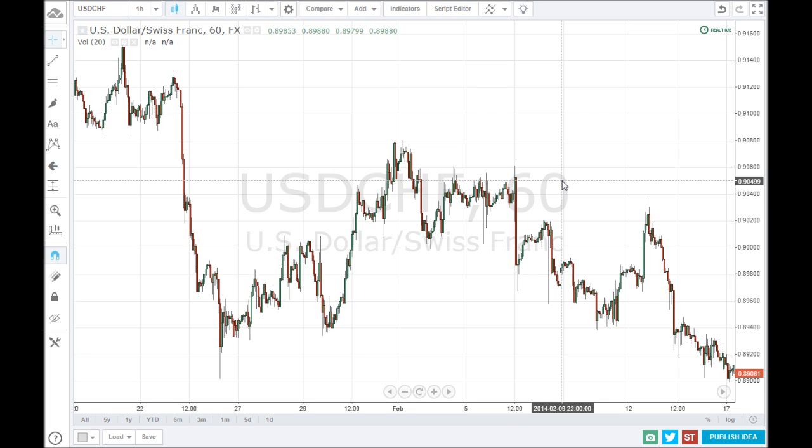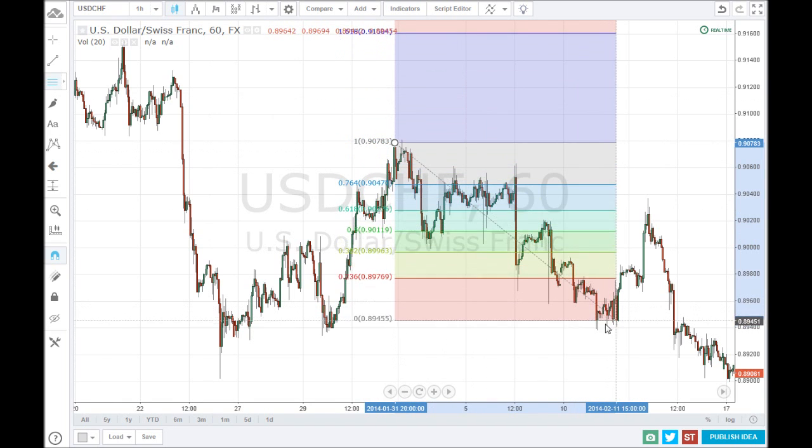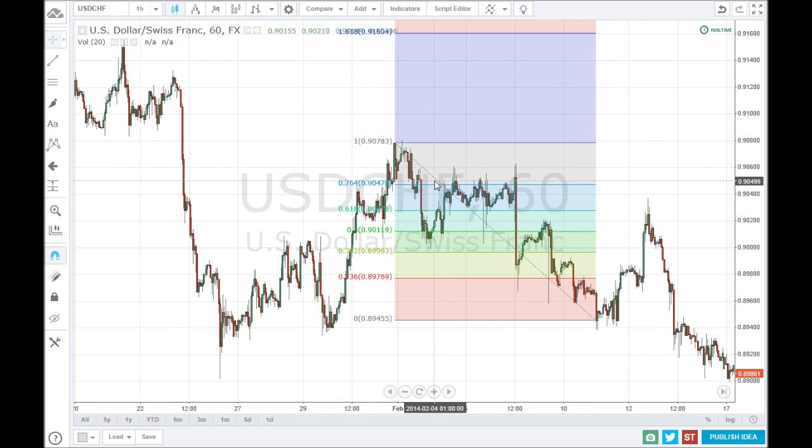This is an hourly chart of the dollar Swiss franc. Price is downtrending. We have a rally to the downside, a retracement, a rally, a retracement, and a rally. If we were to use Fibonacci retracement from here to the end of this rally, you'll see our fib levels. And as mentioned, the most common are these middle 3. As price retraces, we reach the 0.618 fib level.